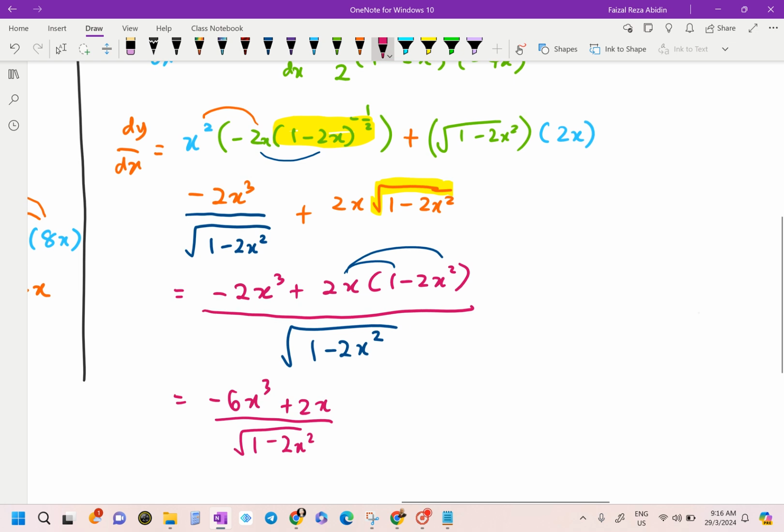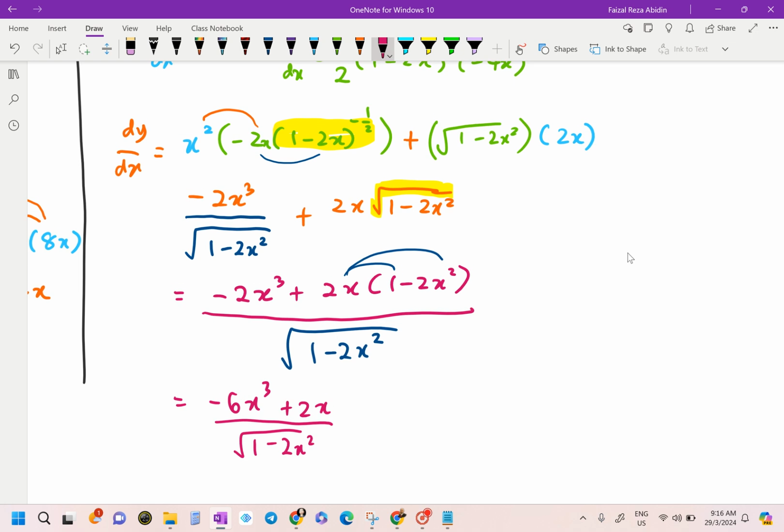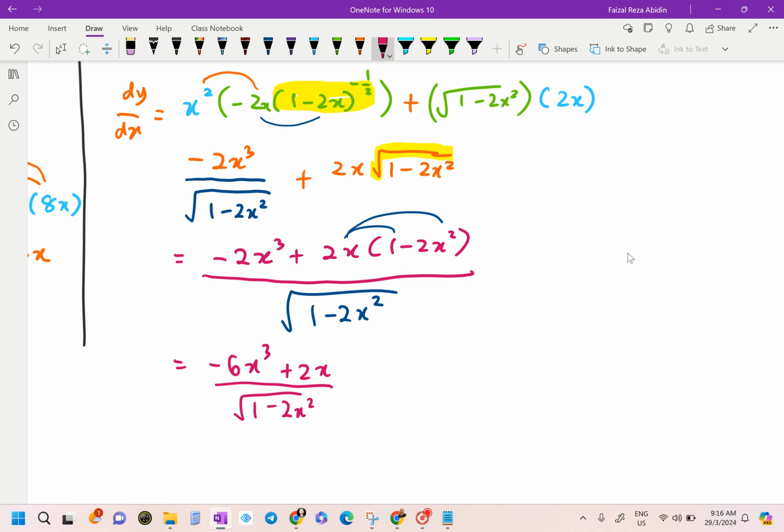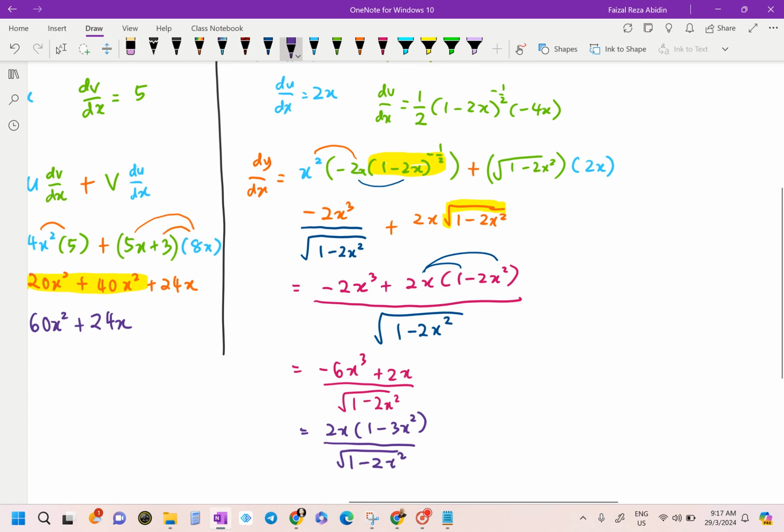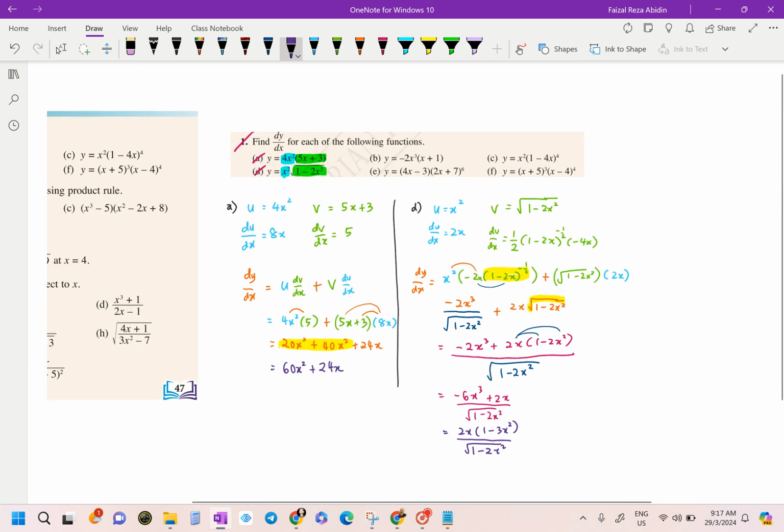Can factorize, because this one we have 6 and 2, right? So I'm going to take 2x out of it, because both have x. So what you are going to get, this one is 2. I'm going to make my negative x at the back, so minus. So I'm going to get this one 2x times 1 minus 3x squared, right? Over square root of 1 minus 2x squared. Okay, this is for 1AD.